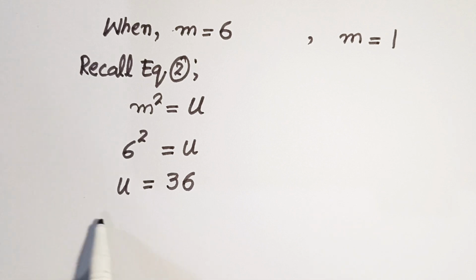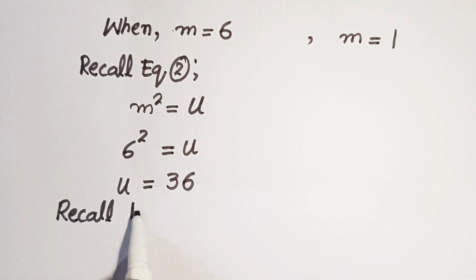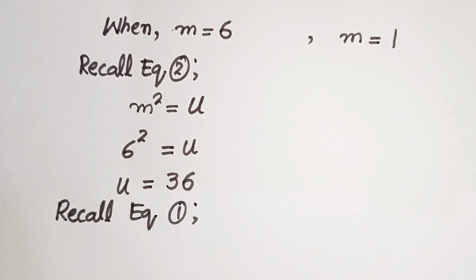Now we have to recall our equation number 1. Equation 1 is x is equal to u minus 9.